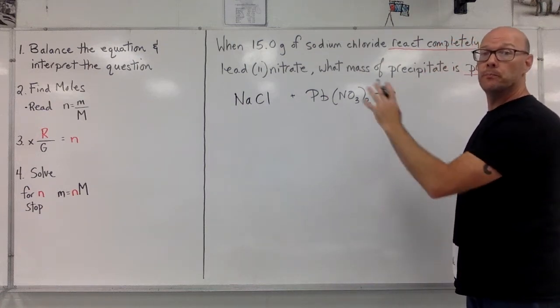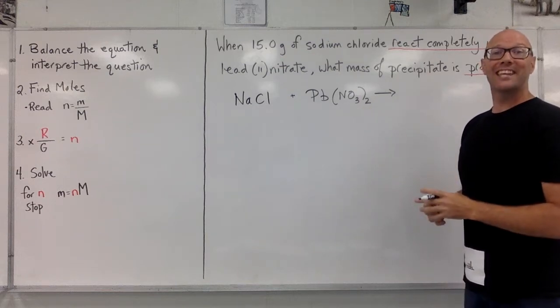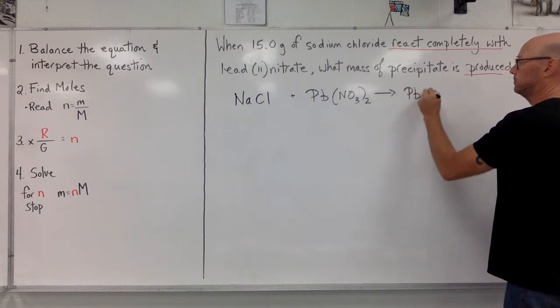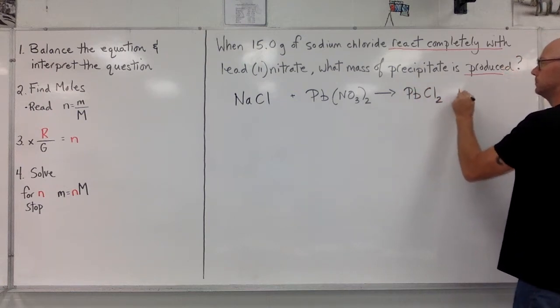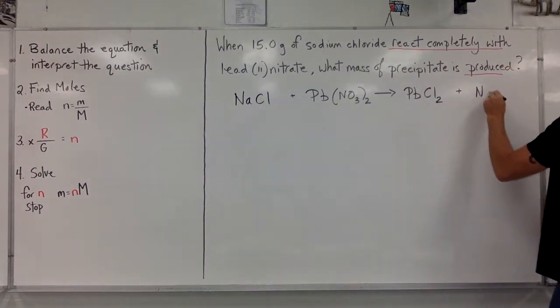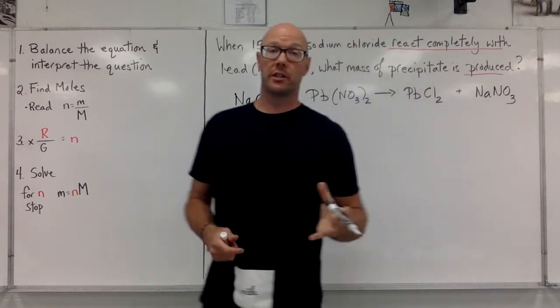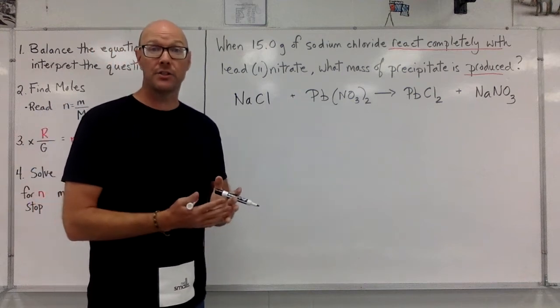The lead 2 and the sodium exchanging spots, the cations exchanging spots. And the sodium is 1 plus, the nitrate 1 minus. We need to balance this equation.